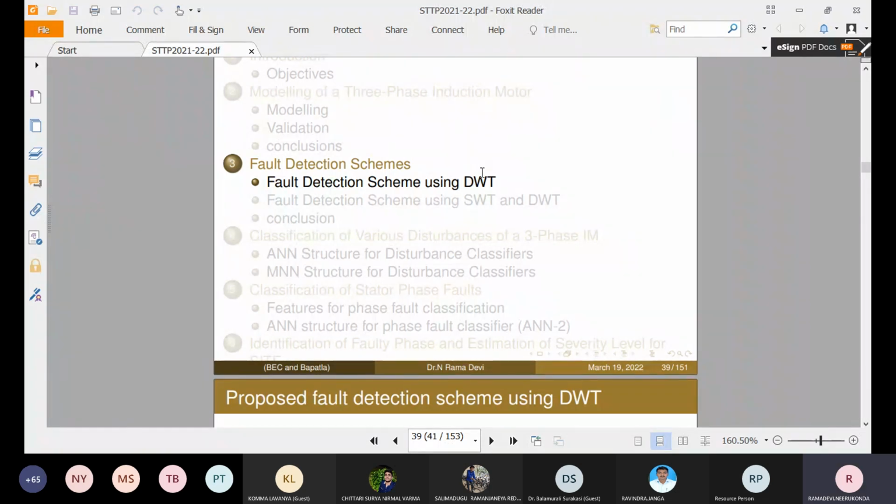Information regarding both the frequency component and time instant is not given by the Fourier transform and fast Fourier transform. To some extent, the short time Fourier transform will give it.